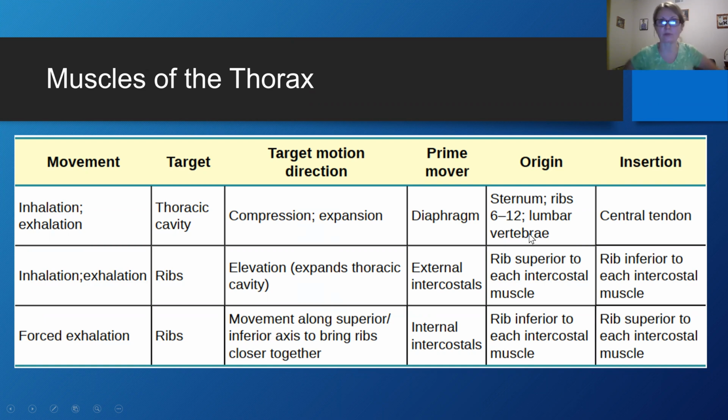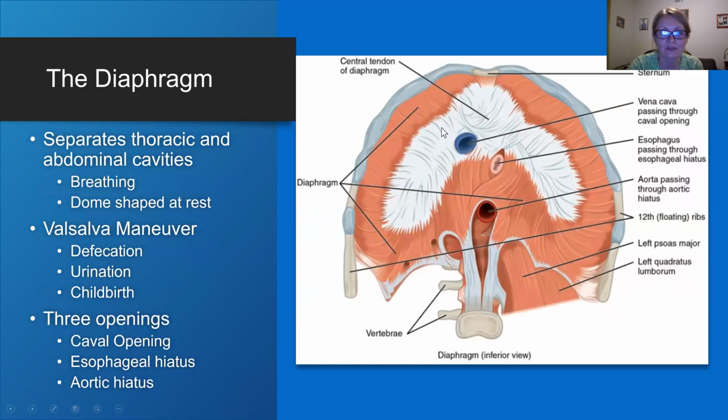So sternum, ribs, vertebrae, so you can see it kind of covers you, but insertion is different. Insertion is the central tendon. And you see this white structure over here, that's a tendon. So that's connective tissue. So it doesn't really have insertion on any particular bone, right? But you can see then what happens when this contracts or relaxes.